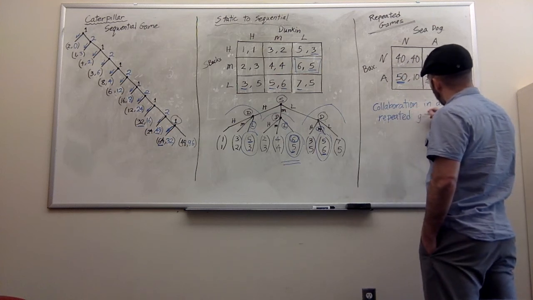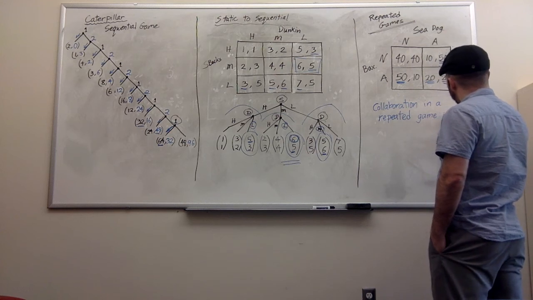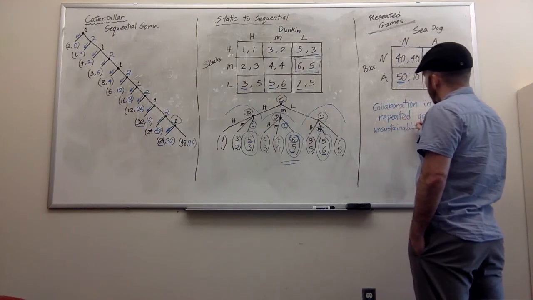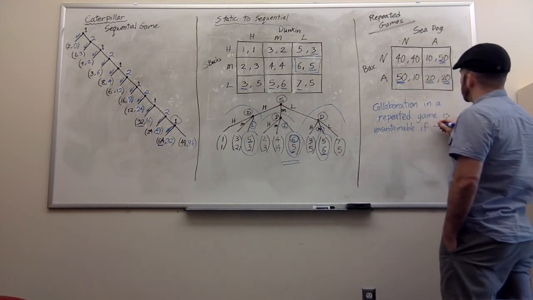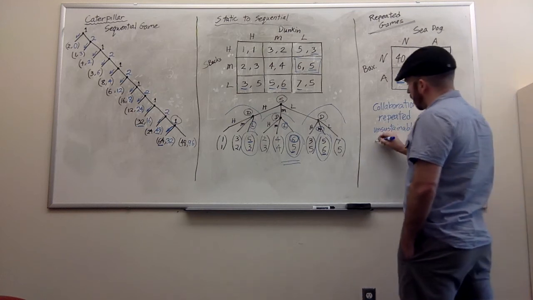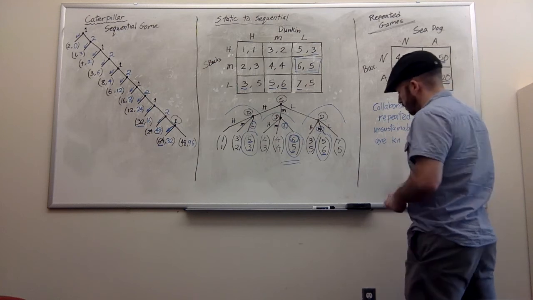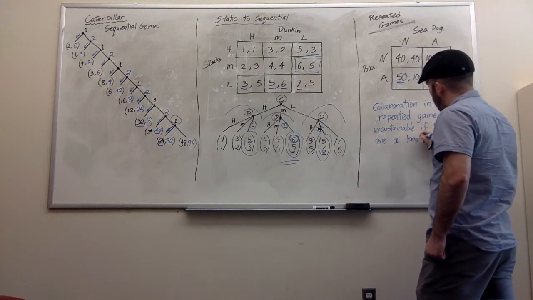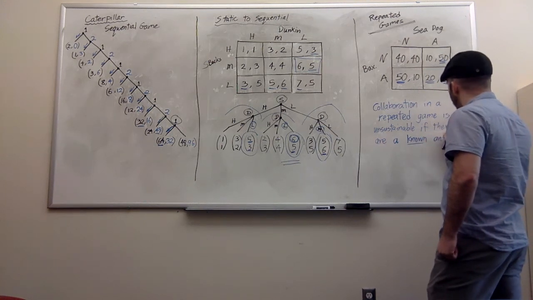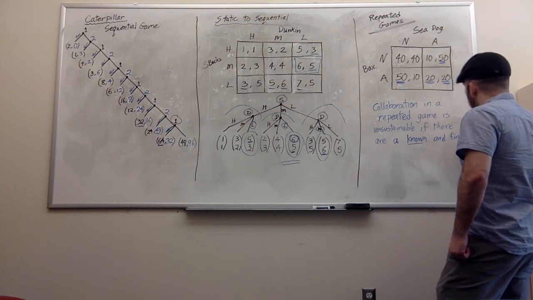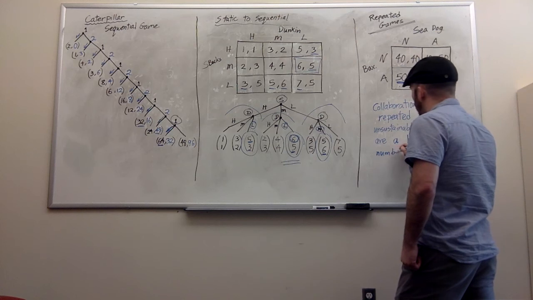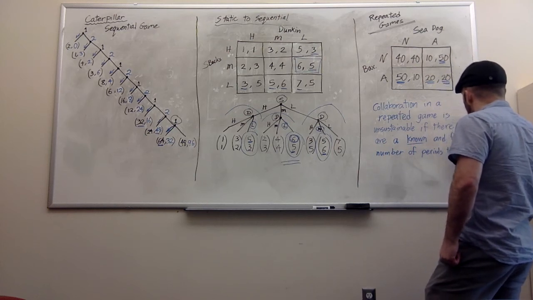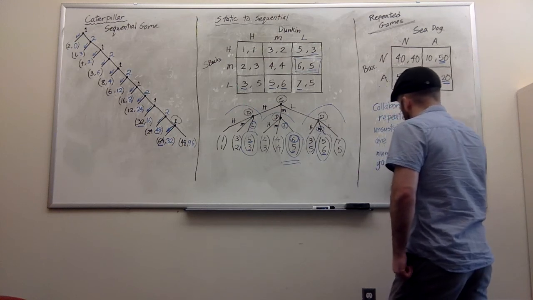collaboration in a repeated game is unsustainable if there are a known and finite number of periods to the game.